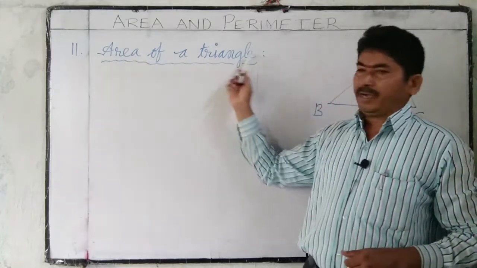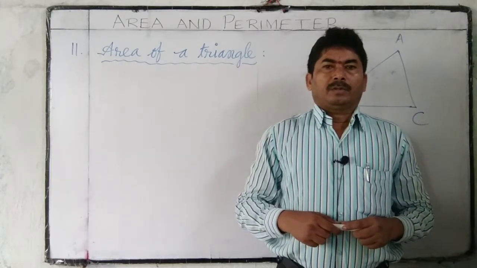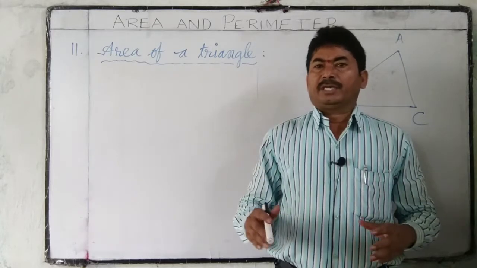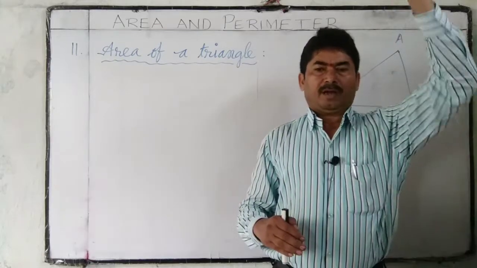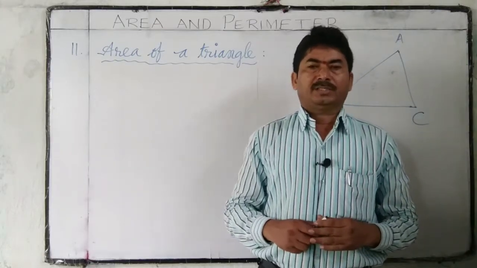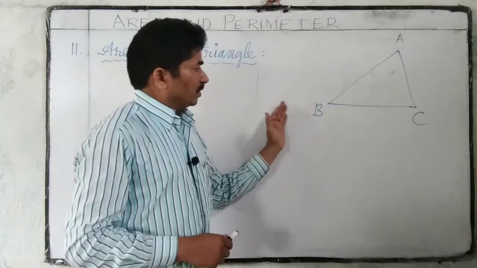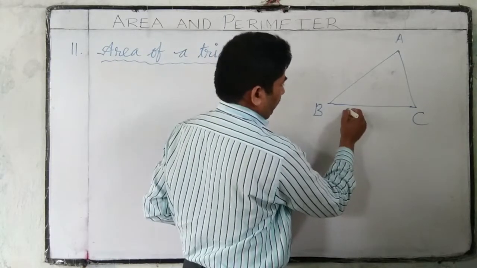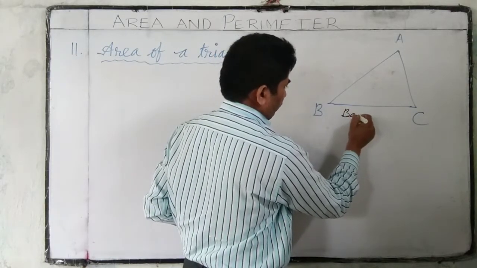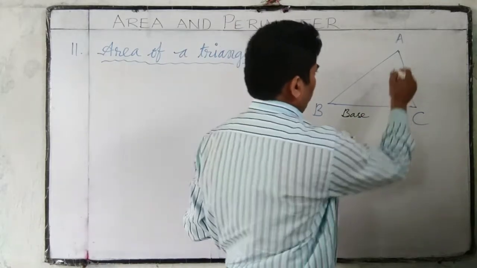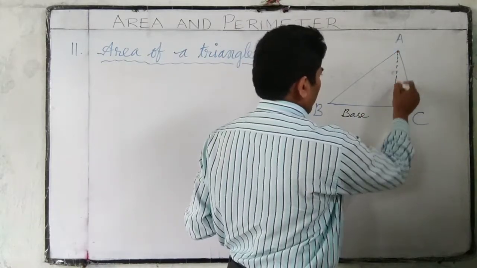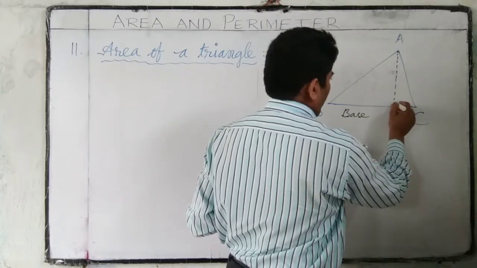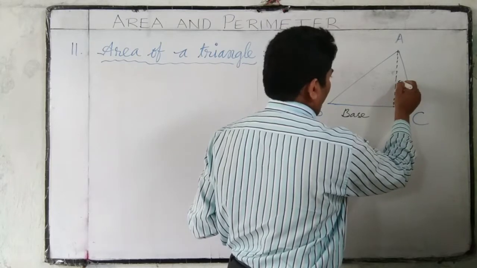Second, area of a triangle. The area of a triangle is equal to half of the product of its base and corresponding height. To understand this, here we have an example. This is a triangle ABC. In this triangle, this BC is called base. This altitude is called height.